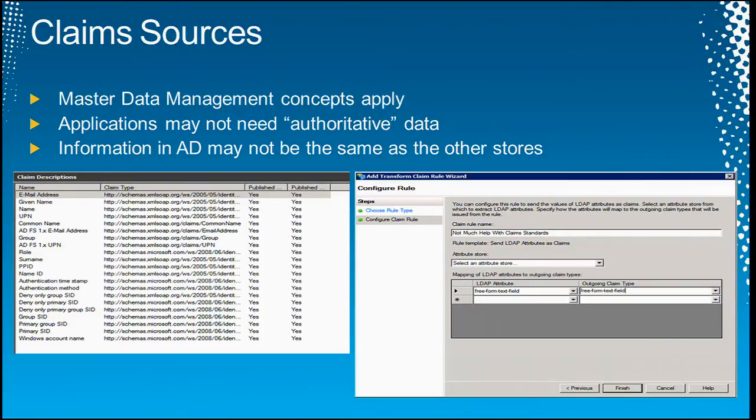So we think about master data management concepts. Another interesting thing that we've learned is that, being a large enterprise, we have examples where data gets replicated across multiple sources. So I have employee type manifest in my human resources database. It also manifests within Active Directory, so I flow information from my SAP database into my Active Directory. Here's the catch: the two are not the same. What do I mean by that?